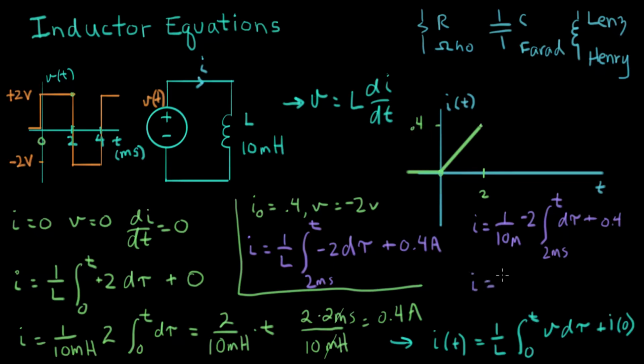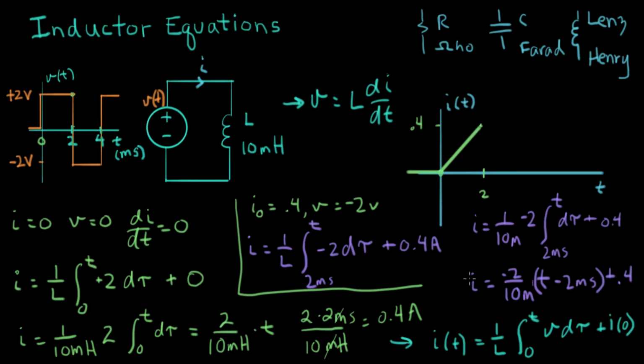I equals minus 2 over 10 millihenries times, what is this? It's t minus 2 milliseconds, plus 0.4.